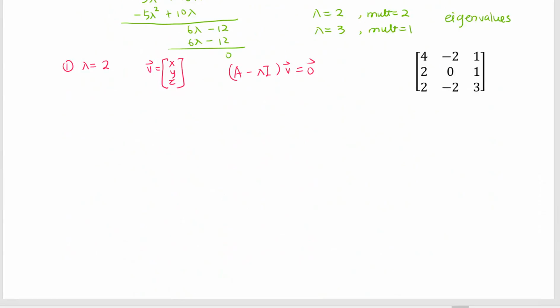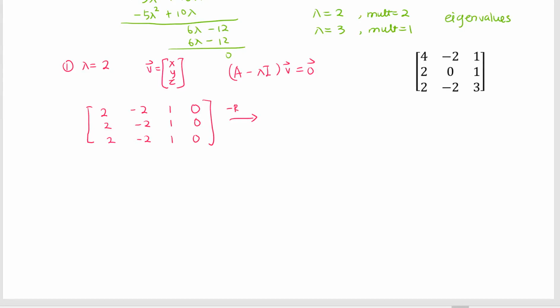Okay, so A minus lambda I. 4 minus 2 is 2. That stays the same. 0 minus 2, negative 2. The rest stay the same. 3 minus 2, that's 1. And the augmented coefficient matrix, the last column, zeros. Can you see all of them are the same?